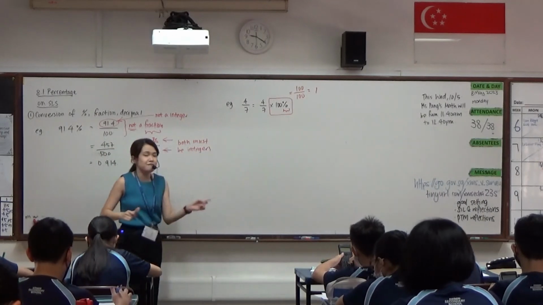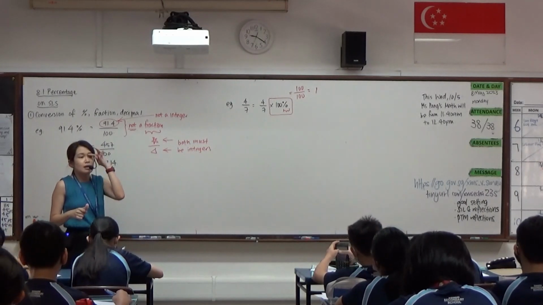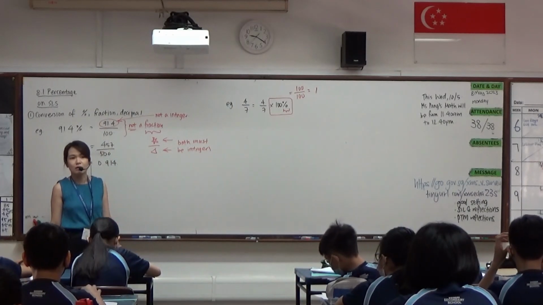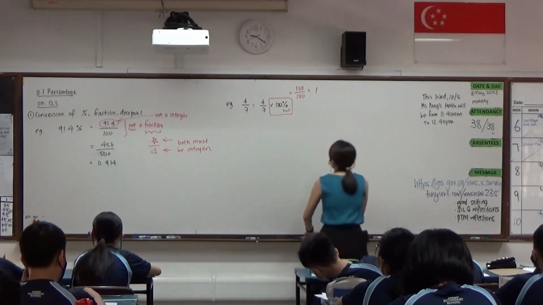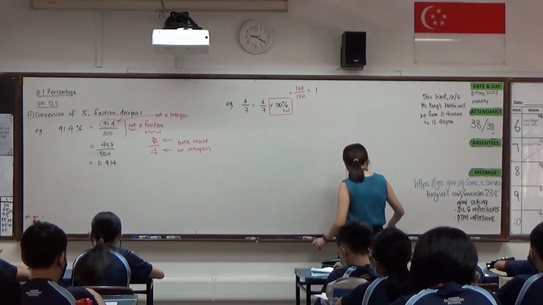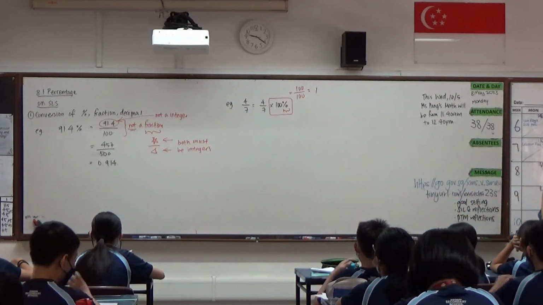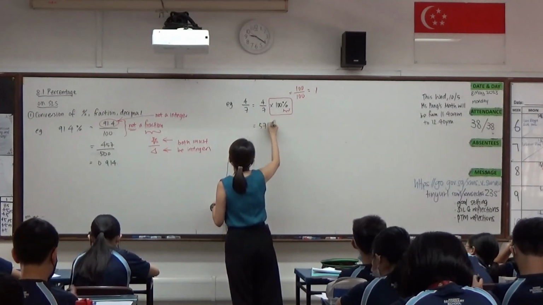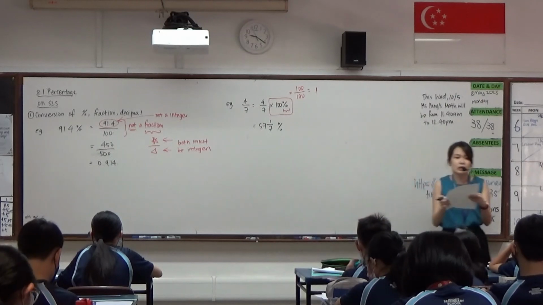You never ever have to press the percentage sign in your calculator. Up to this stage when I'm an adult, I still never press percentage sign in my calculator. So I don't even know why it is shown in the calculator at all. So in this case, 4 over 7 times 100 in your calculator, you will then be getting 57 and 1 over 7 with the percentage sign following along.